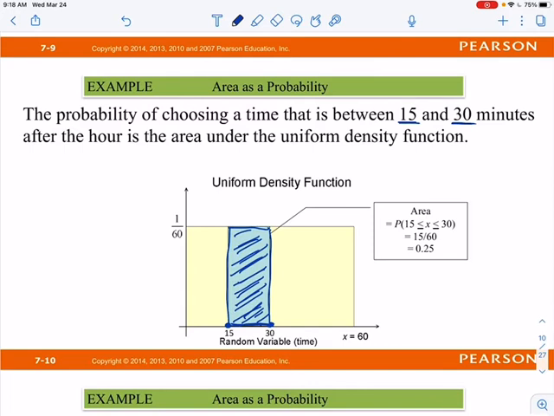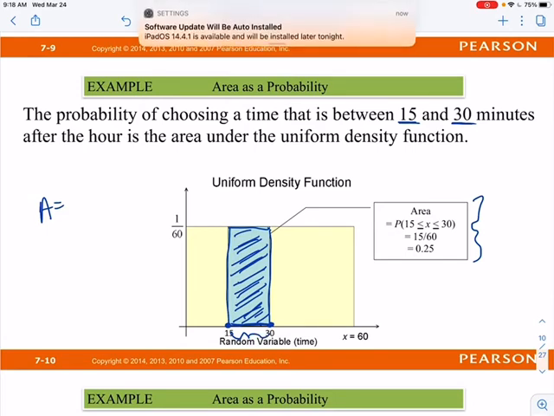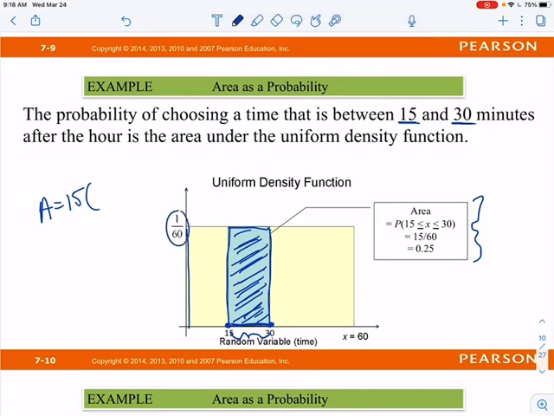Now if we're looking for the area of that blue rectangle I just drew, spoiler alert, it's right there, but I'll go through it. Area is going to be length times width. The length here is 15. And your width is going to have the same height as your original rectangle, which is 1 over 60. So you're going to have 15 times 1 over 60, or really 15 divided by 60.